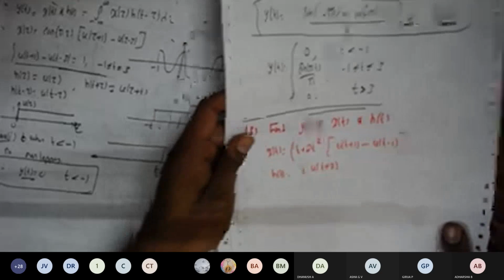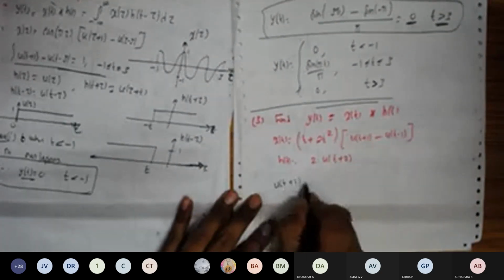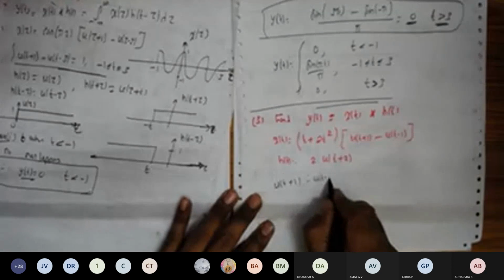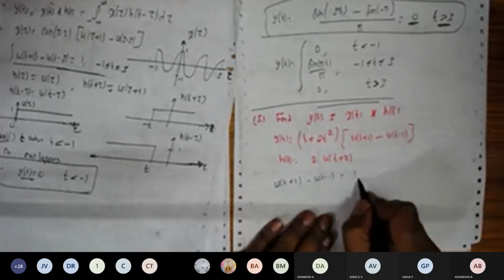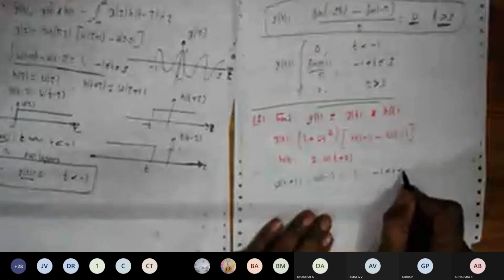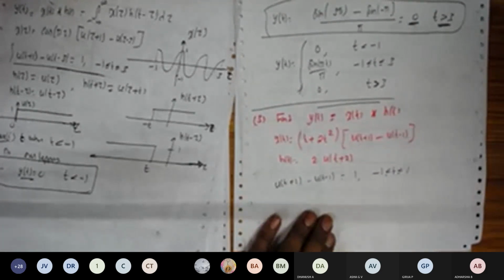Okay, so now let us define the terms here. We know that u of t plus 1 minus u of t minus 1 is having the value 1 from -1 to +1 here, so from -1 less than t less than or equal to 1.